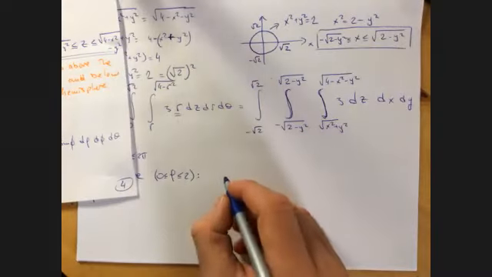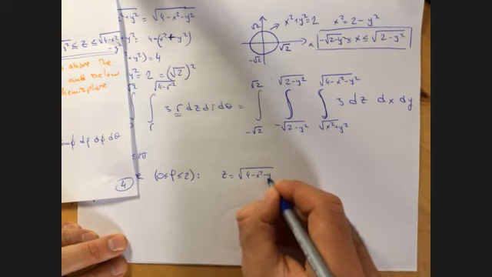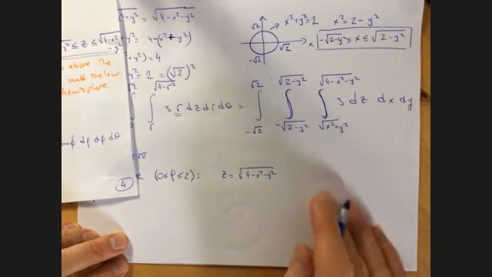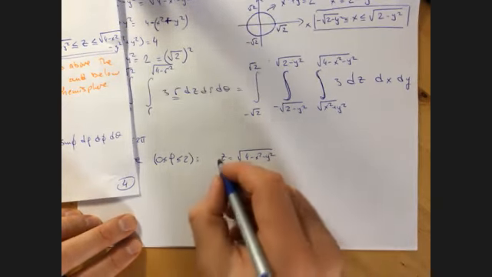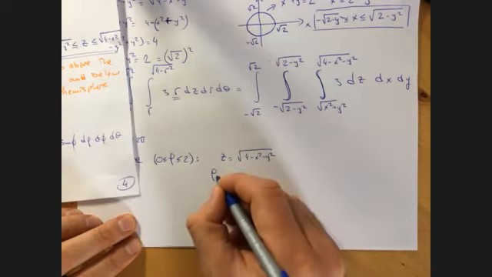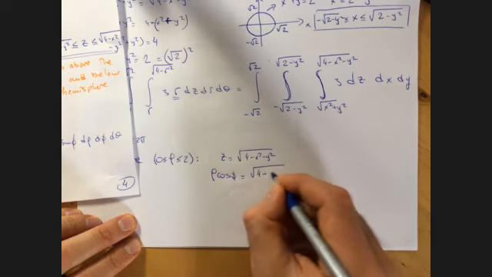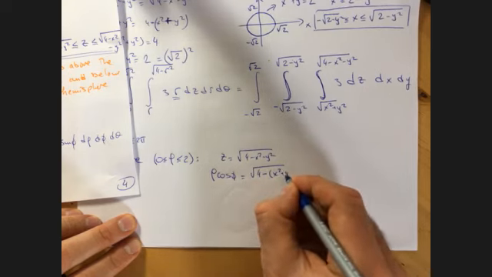So the hemisphere, z is equal to the square root of 4 minus x squared minus y squared. Okay, let's turn this into spherical coordinates. Rho cosine phi is equal to the square root of 4 minus (x squared plus y squared).